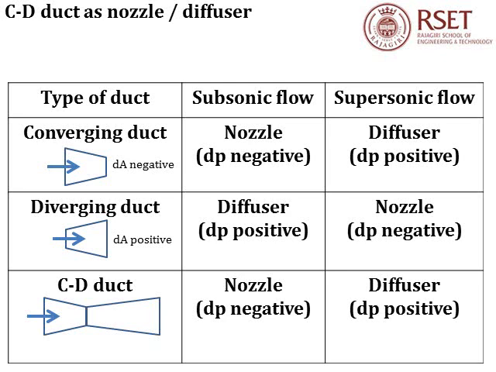The same is applicable for supersonic diffusers. In a CD duct which acts as a supersonic diffuser, the inlet condition is supersonic, whereas the exit condition is subsonic. Whereas for a converging duct acting as a supersonic diffuser, the flow is supersonic throughout the duct.